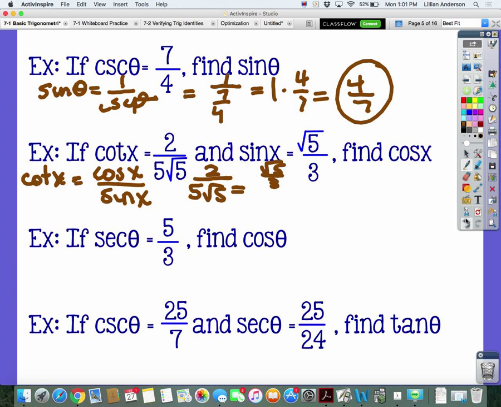We're looking for cosine, so we'll put that at the top. And then we know that sine is square root of 5 over 3. So all we need to do is basically solve for cosine x. Instead of keep change flip on this fraction, you can do a shortcut by just multiplying 2 over 5 root 5 by 5 root 5 over 3.